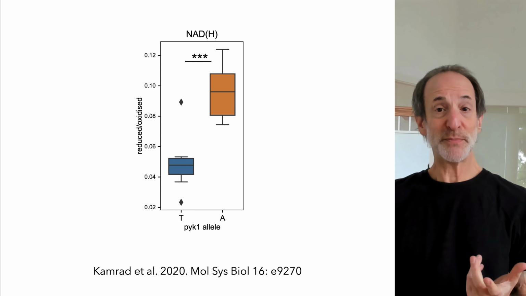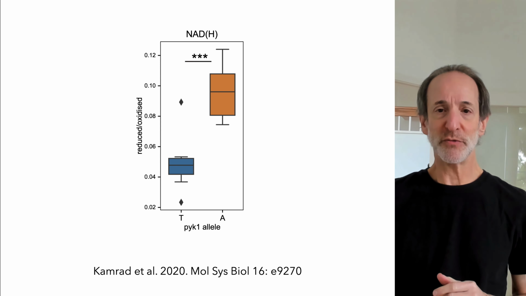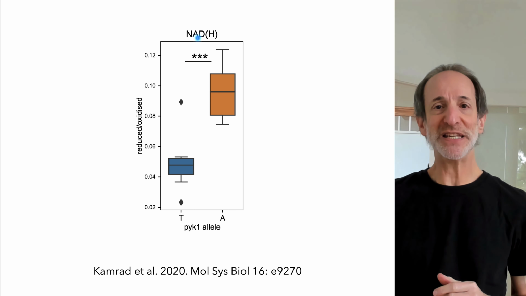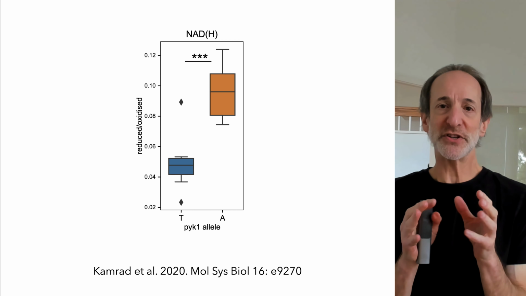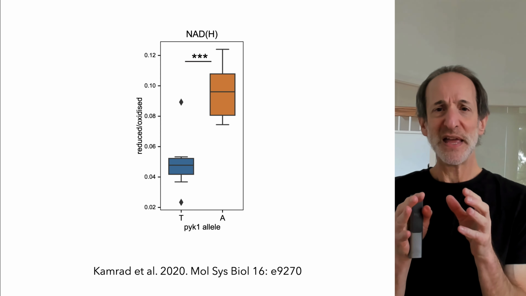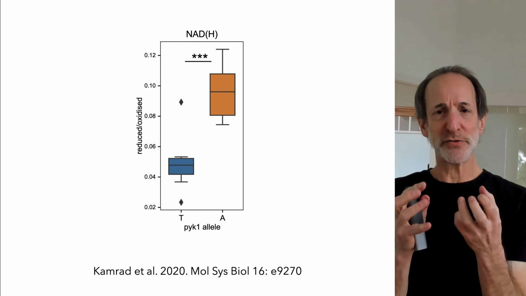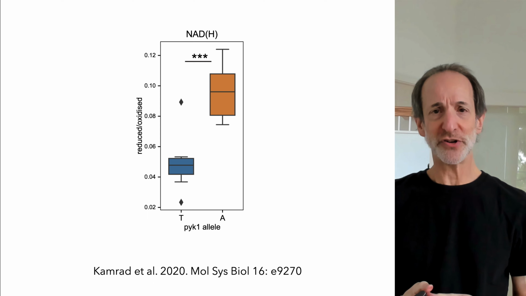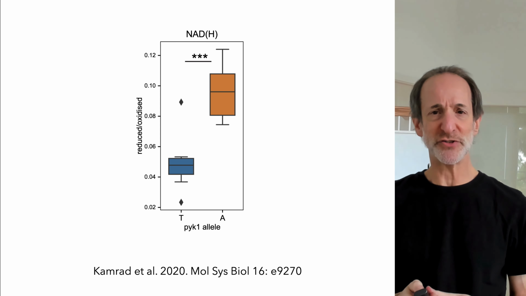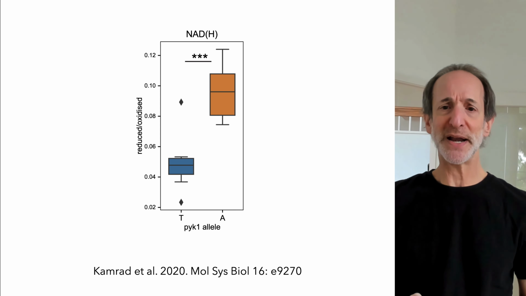Now, one other aspect of their study I found very interesting, which is they looked at the NADH, NAD+ disequilibrium in the cell. And I don't have time to go into this, but this disequilibrium is really one of the key measures of the thermodynamic state of a cell, which is really the central notion of metabolic biochemistry in terms of free energy and thermodynamics.